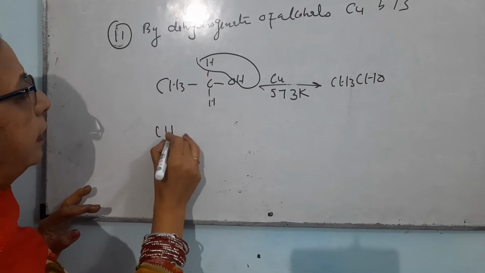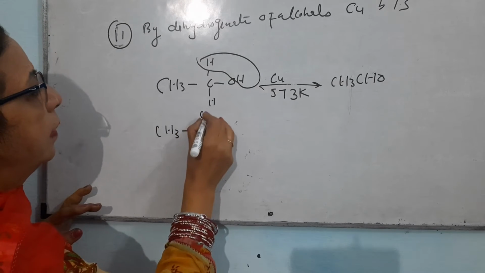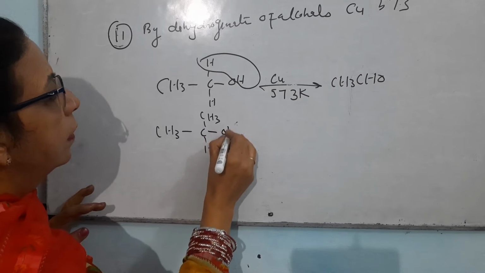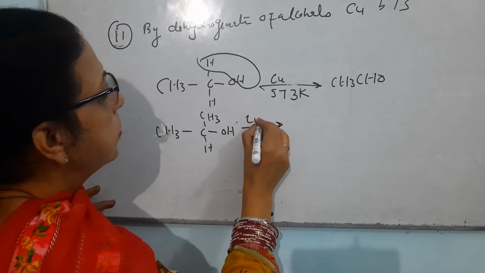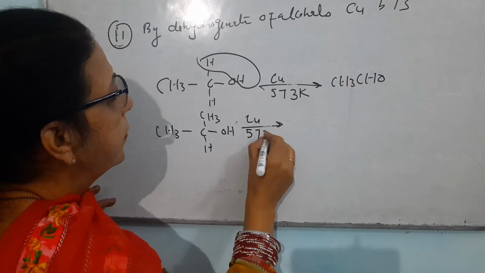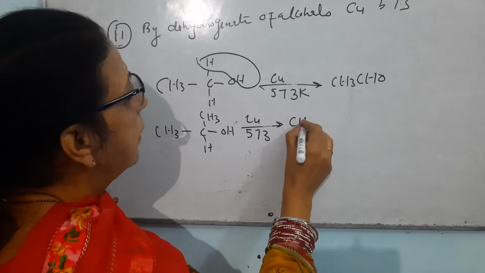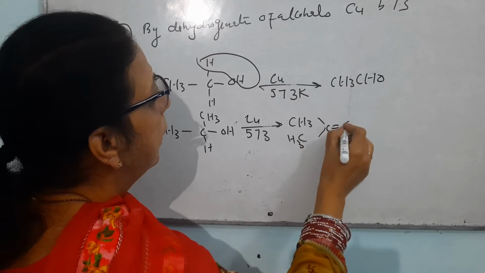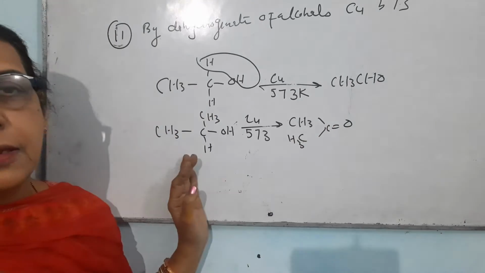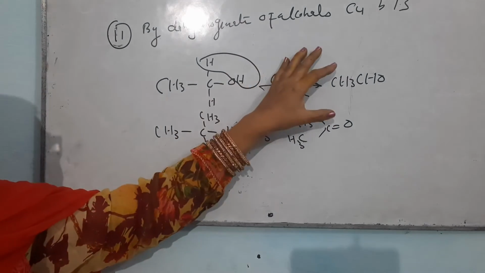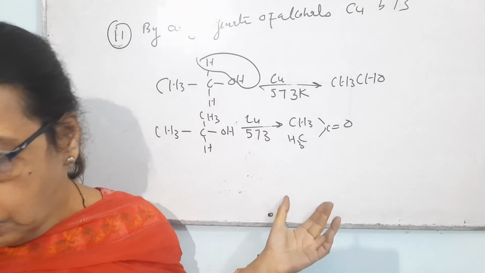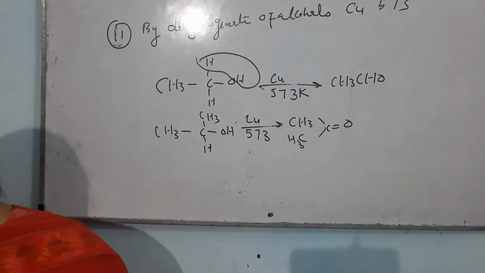Similarly, if secondary alcohol is taken, in this case the copper is used as a catalyst at 573 Kelvin. In this case there will be formation of ketone taking place. So this was the second method. These two methods you have already studied in the chapter of alcohols. Now all the methods are new.